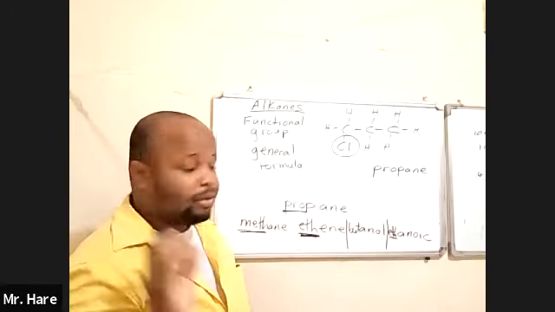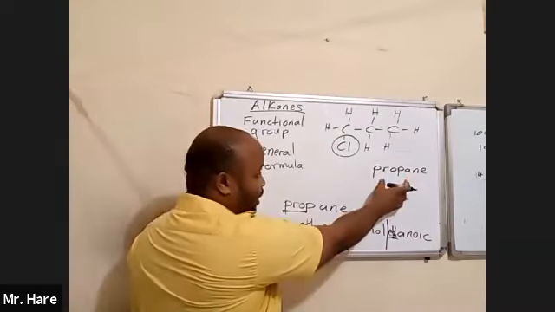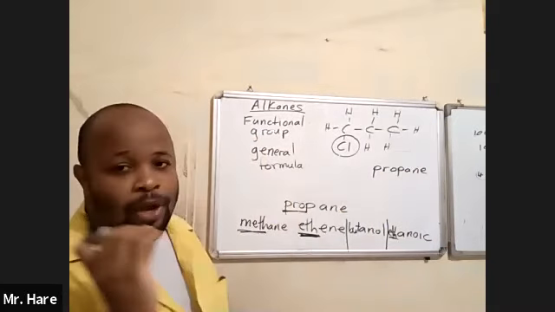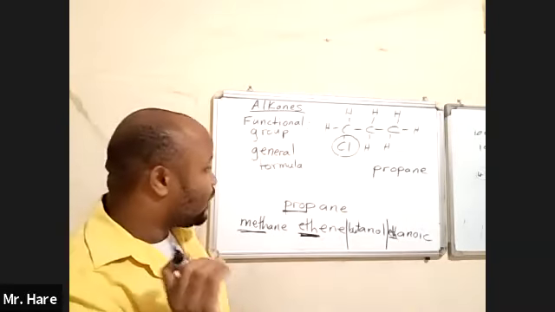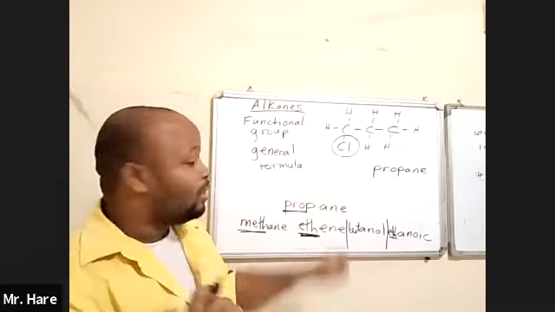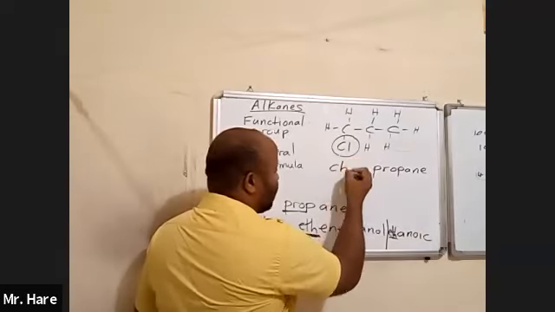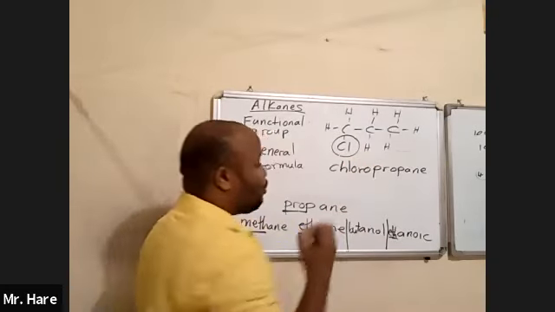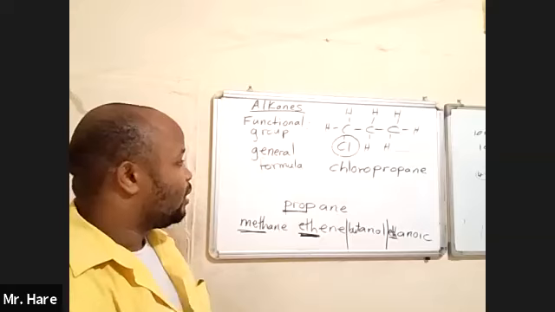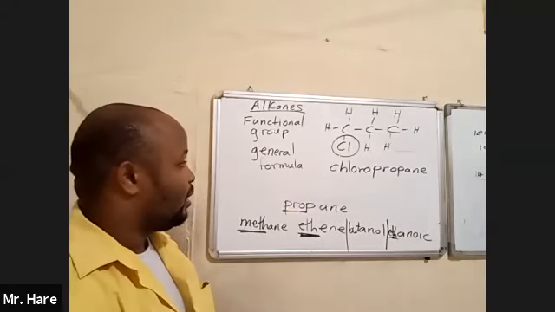So it is still propane because of the 3 carbon atoms. But this time, it's not just hydrogen, we have a Cl group. And so now we have to say chloropropane. All right, that's how we get chloropropane.